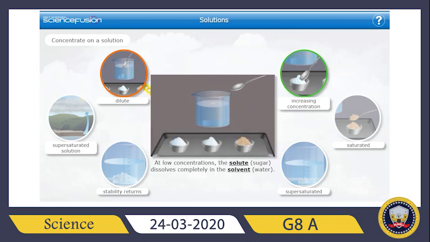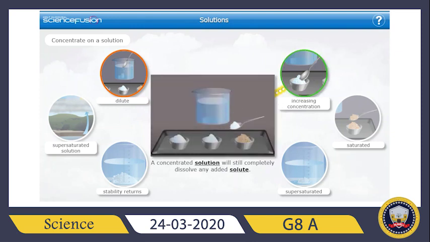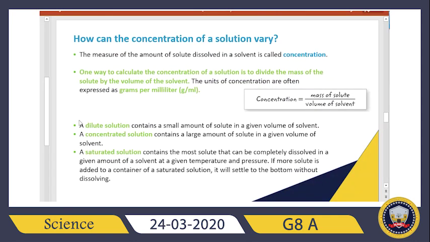So if I want to increase the concentration, what should I do? I should add more. So when I increase the concentration, I will have a concentrated solution. It is when there is a large amount of solute, like a large amount of sugar, dissolved in a given amount of water.